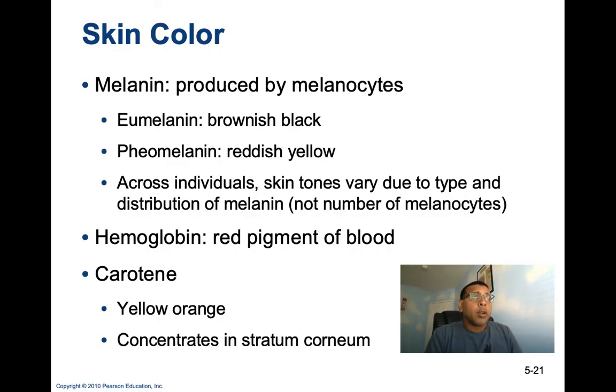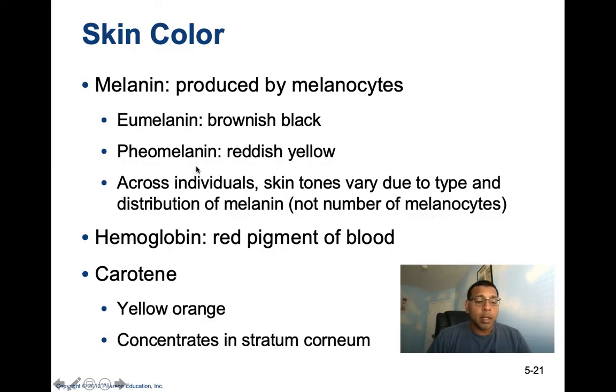That's when we talk about individuals that have albinism. Their melanocytes are affected there. Across individuals, skin tones vary due to the type and distribution of melanin, not the number of melanocytes.